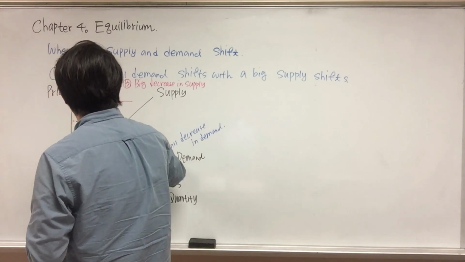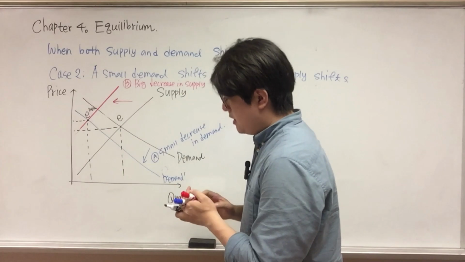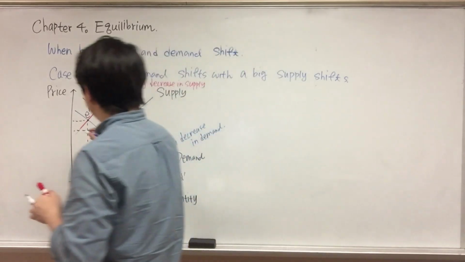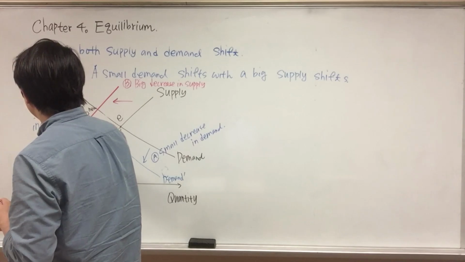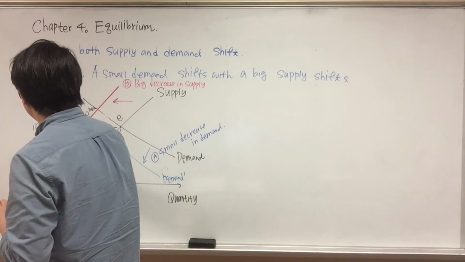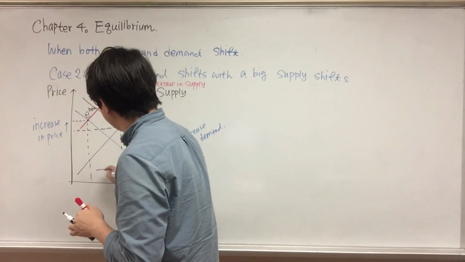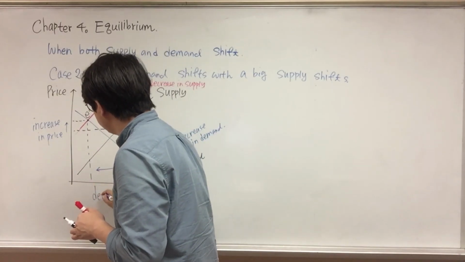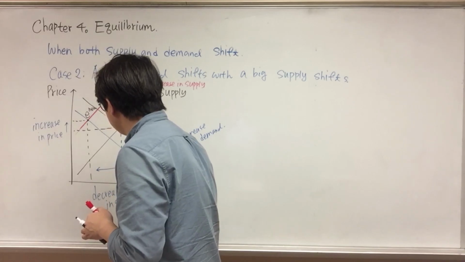So compare the old equilibrium point to the new equilibrium point. What happens? We can realize that we have an increase in price. At the same time, what? We have a decrease in quantity.